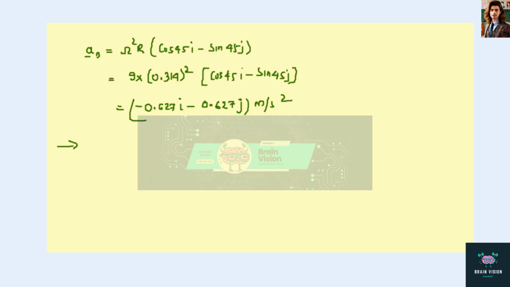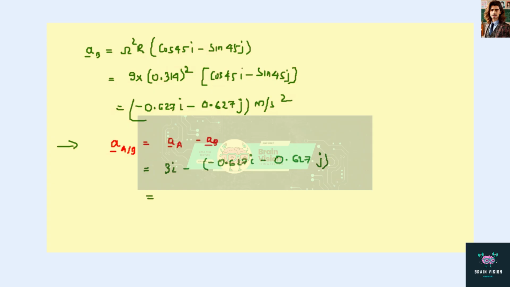So now let us calculate the relative acceleration of car with respect to observer. So we will write acceleration of car A relative to observer B is equal to AA minus AB. So let us put the value of AA, that is 3i, minus the value of AB, which is minus 0.627 i minus 0.627 j.